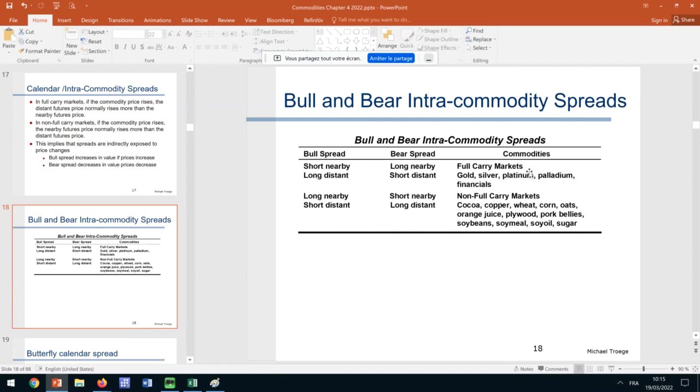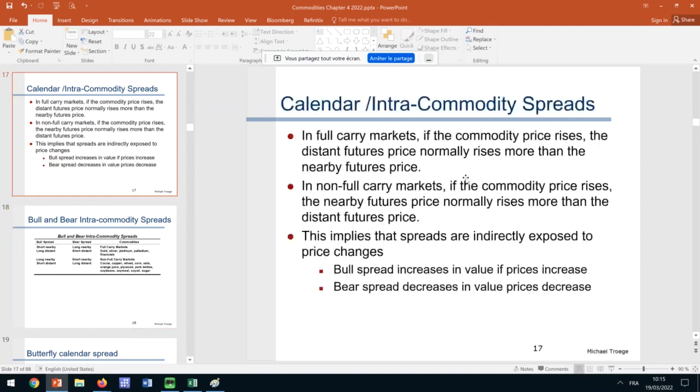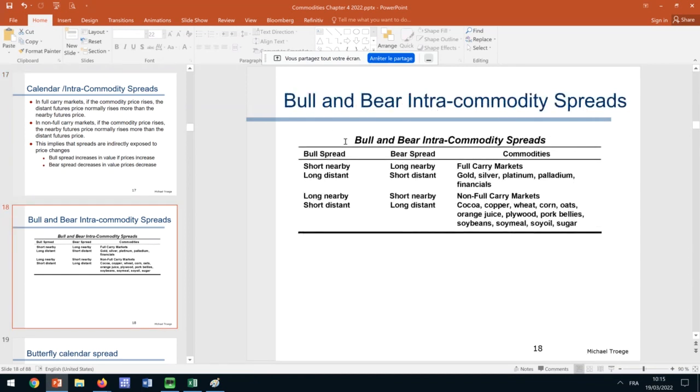So if we talk about precious metals, we are in the first case here, a full carry market, and this means that normally if prices increase, the slope increases, and if prices decrease, the slope decreases.